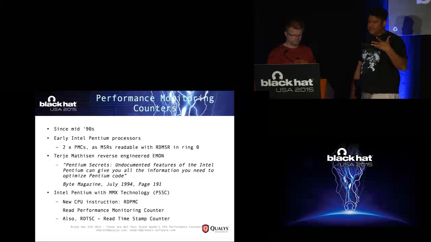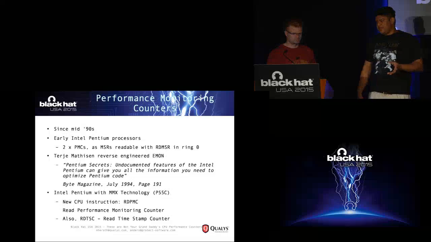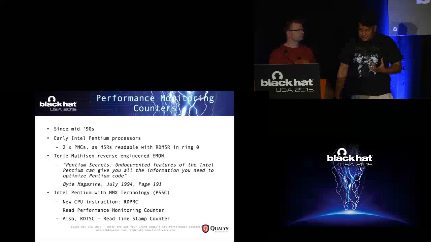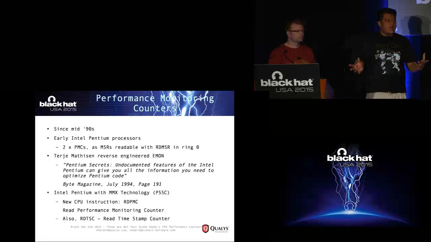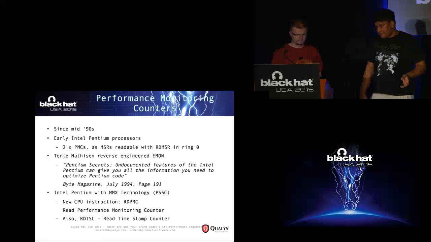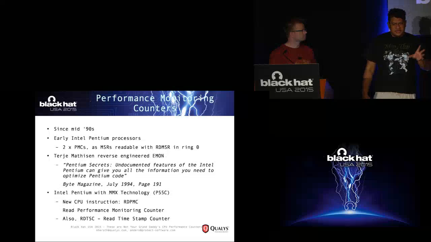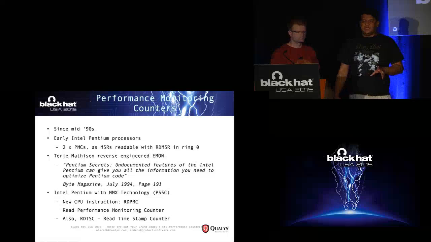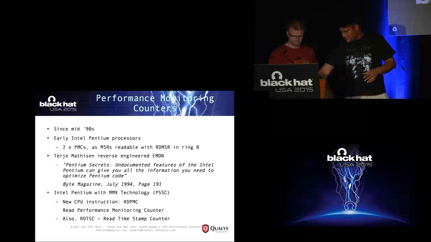With the P55C, Intel introduced a new instruction called RDPMC, which allowed you to read these performance monitoring counters from ring 3 or any other ring. Also with the P55C, they introduced RDTSC, the read timestamp counter, which provides very high resolution timestamping information for the Intel processors.